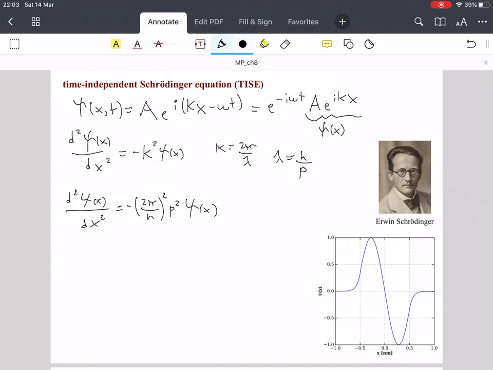All right, now what we can do is also use the reduced Planck constant. H bar is h over 2 pi. Bring that to the left-hand side. So we can bring over the negative h bar squared, and then we have the second derivative.